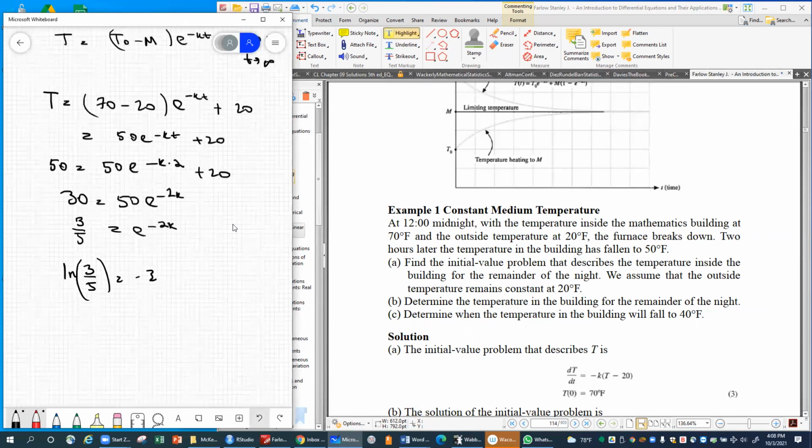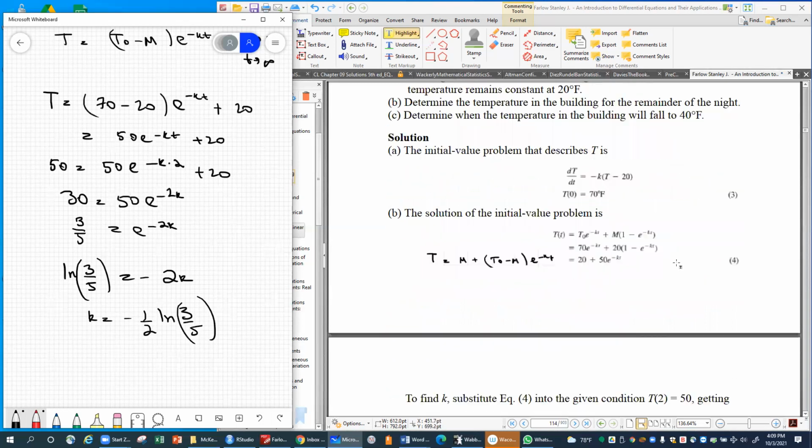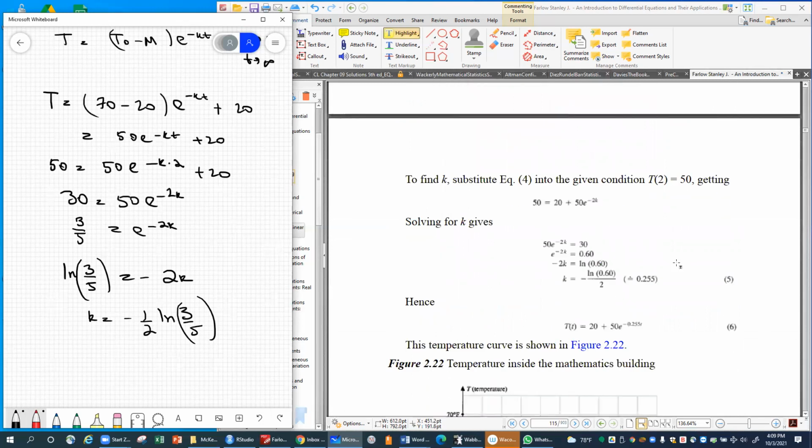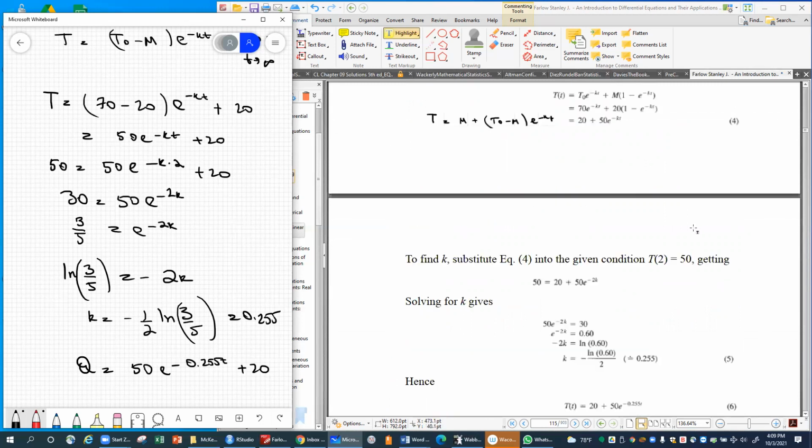So k is minus 1/2 log 3/5. That comes to 0.255. And when we have our model done, it's T equals 50 e^(-0.255t) plus 20. And you can answer any question.